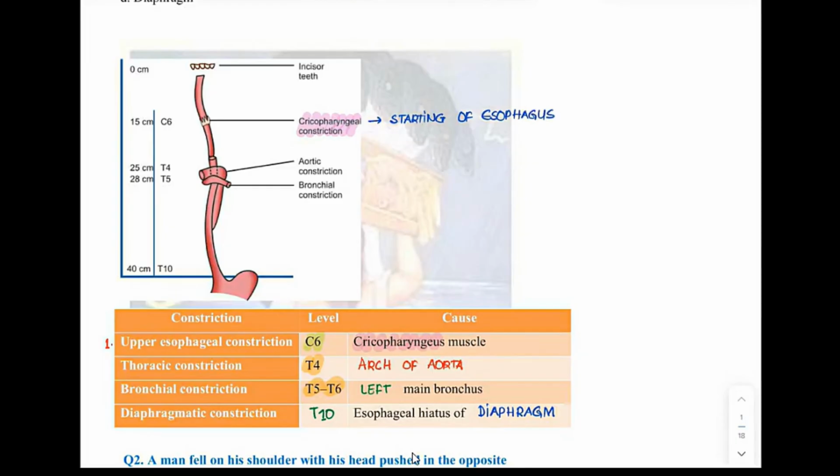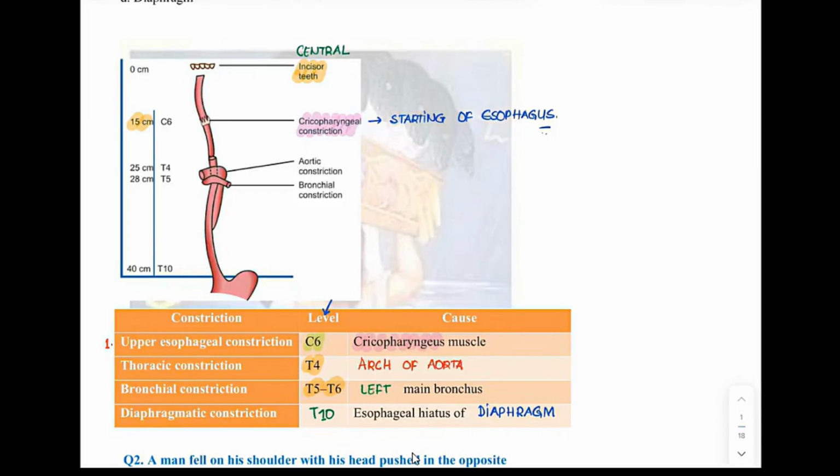So one should know the reasons why there is esophageal constriction. Secondly, one should know the vertebral level, and thirdly, and more importantly, one should know the distance from the central incisor. So this is also equally important. So at what distance from the central incisor teeth?